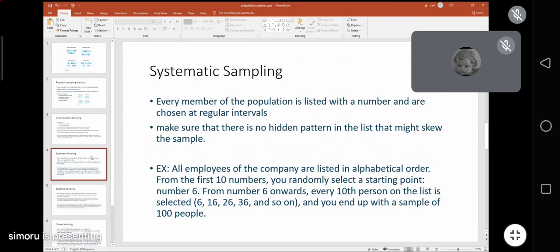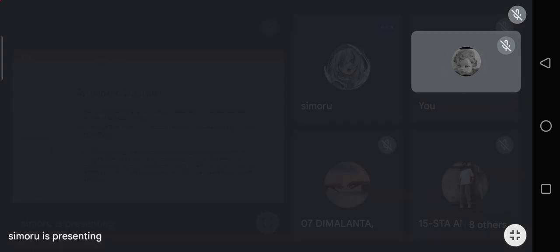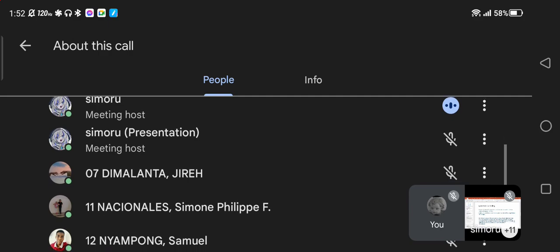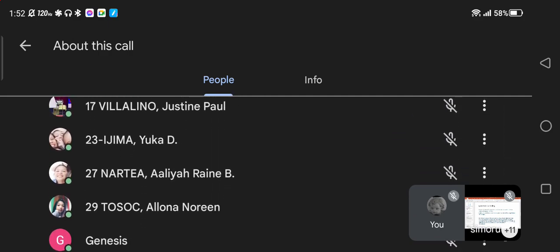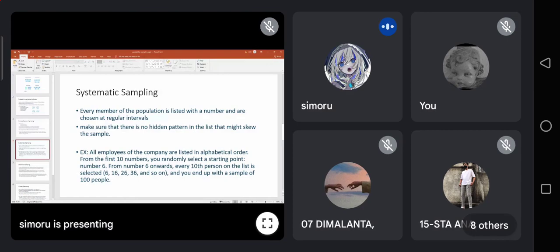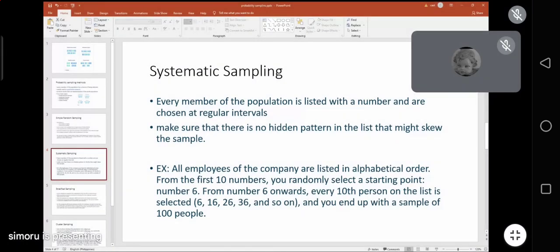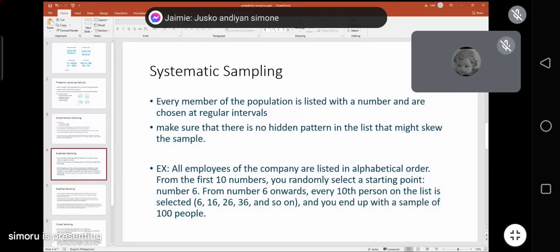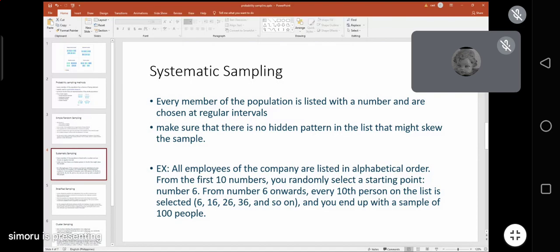So moving on to systematic sampling. It's a bit similar to simple random sampling, but it's usually slightly easier to conduct. Every member of the population is listed with a number, but instead of randomly generating numbers or randomly selecting them, individuals are chosen at regular intervals, and those regular intervals are like patterns. Make sure that there are no hidden patterns in the list that might skew the sample.